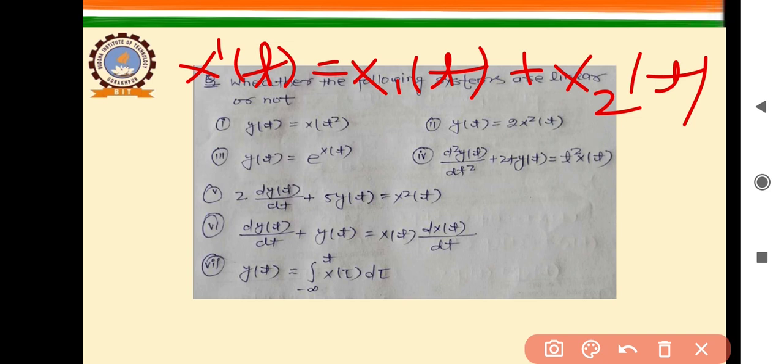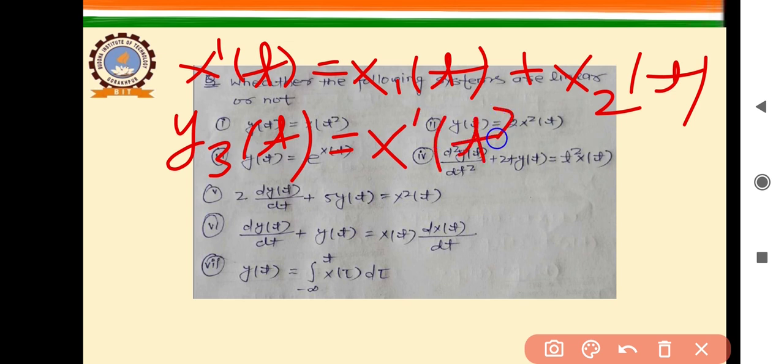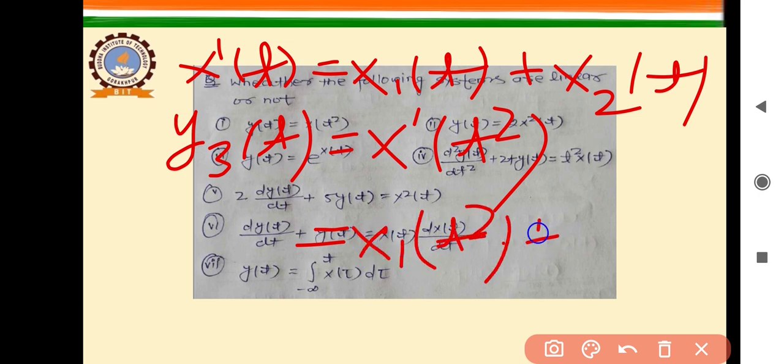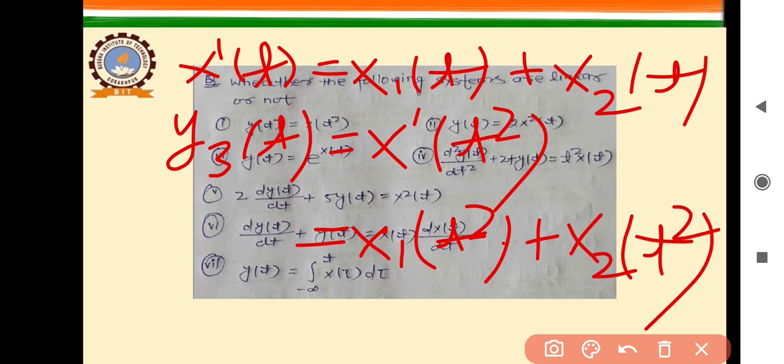In that case, y3(t) will be equal to x dash of t square, which is equal to x1 of t square plus x2 of t square. If this y3(t) is equal to y1(t) plus y2(t), then the given system follows the law of additivity.